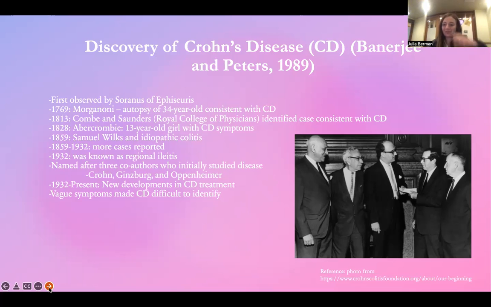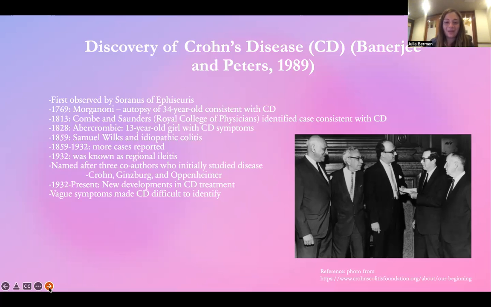At this time, the disease was not yet named, but the presentation was what Crohn's disease is today. In 1813, Dr. Combe and Dr. Saunders at the Royal College of Physicians again identified a case with the inflammatory symptoms consistent with Crohn's disease.